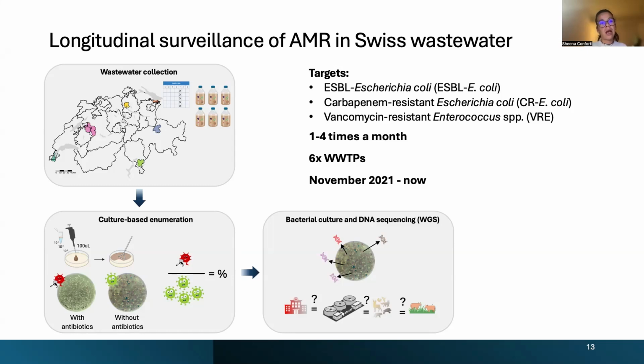And on the one with antibiotic, only resistant bacteria grow, while in the one without, all of them grow. And so once we have these two things, we can count the number of resistant over total bacteria, and we can obtain a percentage of ESBL E. coli over total E. coli or of VRE over total Enterococcus species.